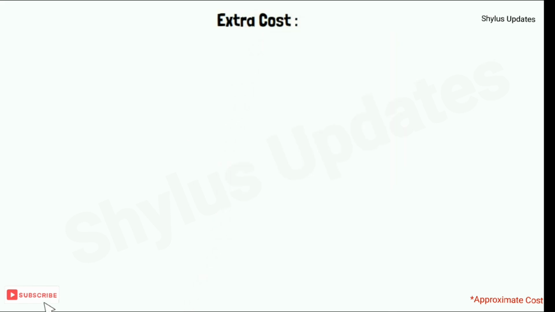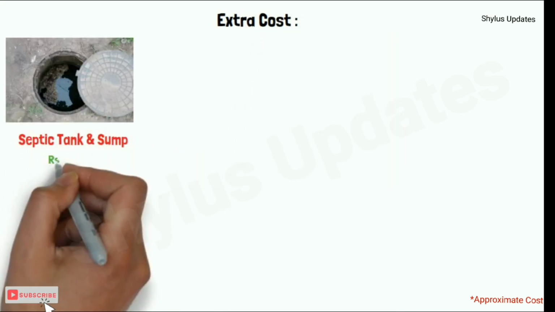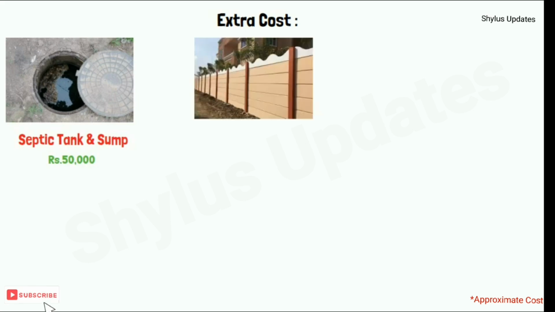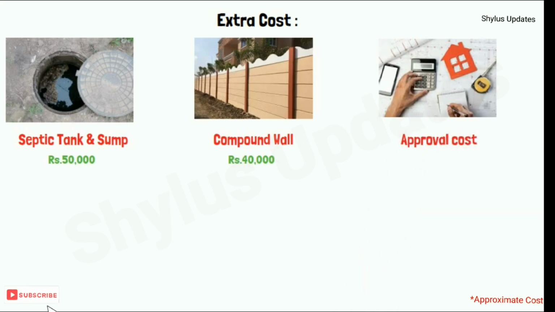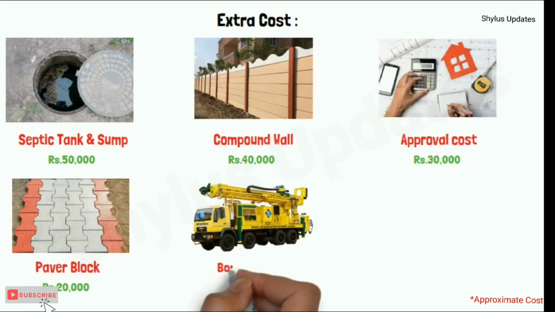Extra cost. Septic tank and sump rupees 50,000. Compound wall rupees 40,000. Approval cost rupees 30,000. Paver block rupees 20,000. Borewell cost rupees 50,000.